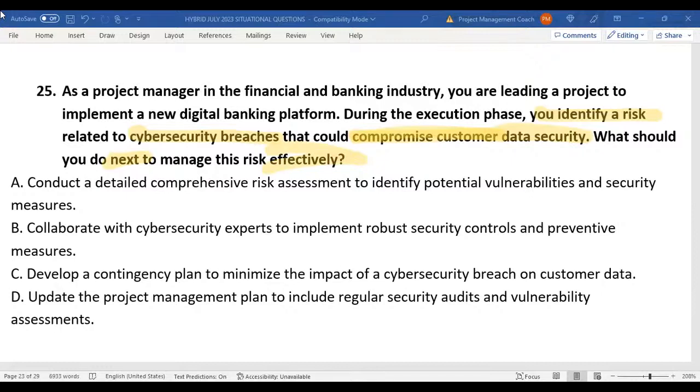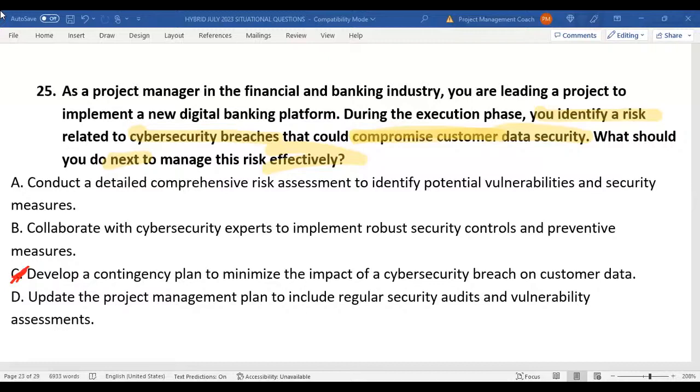Developing a contingency plan is reactive action. We already know that developing a contingency is like accepting. So it's not C. If you chose C, it's not right. C says develop a contingency plan to minimize the impact of a cybersecurity breach on customer data. That doesn't make sense. Contingency plan means it's happened. Let's minimize the impact of this breach. Why would you choose that?